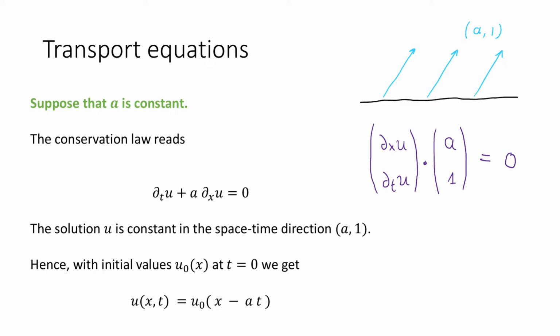If we consider the function u_0(x), which shall be our initial values at time t equals 0, then we get u(x,t) equals u_0(x minus at) as a form of the solution. From any space-time position (x,t), we just travel back along the characteristics until we get to time t equals 0, and there we can read off the value of the function u.